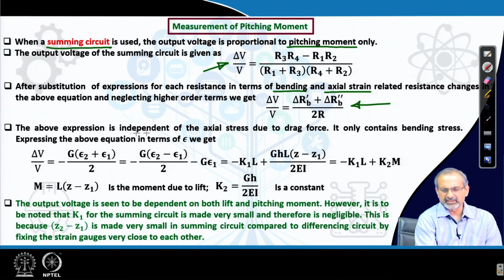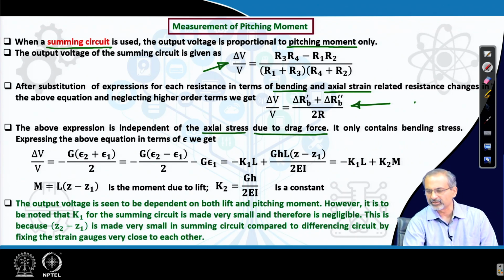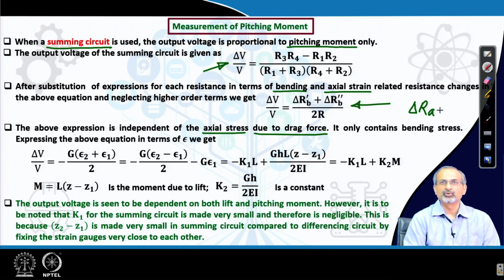The above expression is independent of the axial stress due to the drag force, it is imperative, because the delta R A does not figure in this equation. It only contains the bending stress effect.